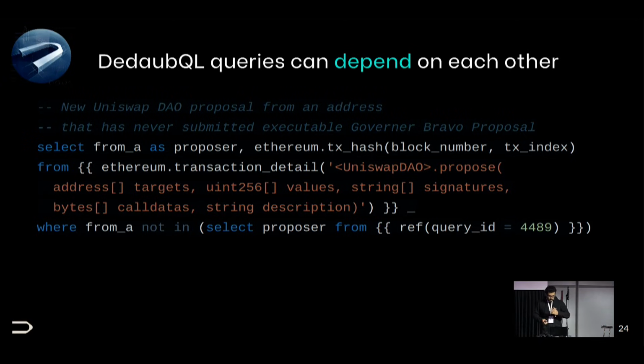In this case, Governor Bravo. Okay? And the way I'll do it is by first creating Governor Bravo proposer in this query, and then make sure that the proposer is not in there.